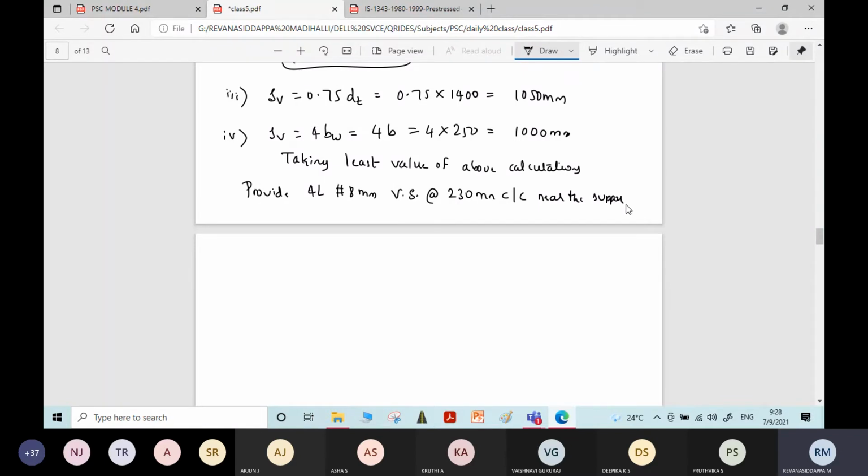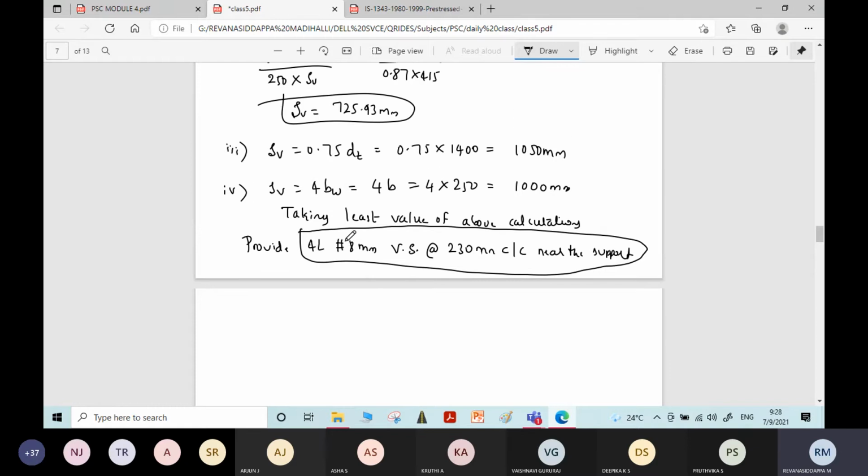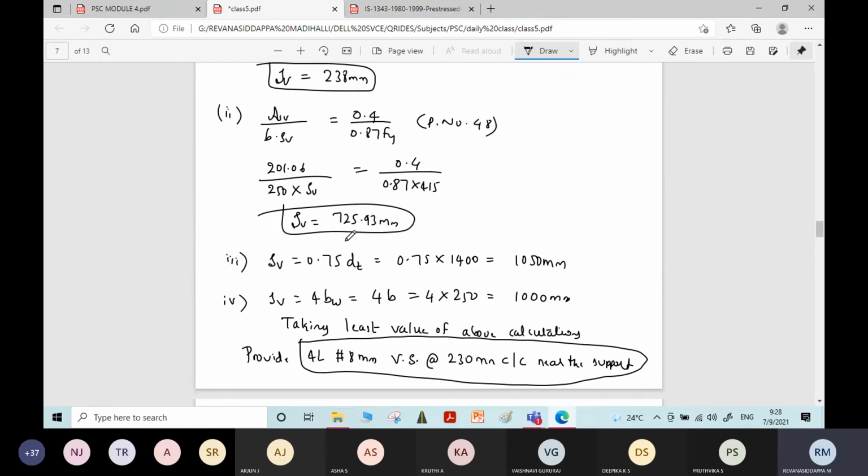At midspan, as I explained in the previous class, in yesterday's class, we can reduce the spacing in the calculated values, all the 4 values. The second least value you need to take.